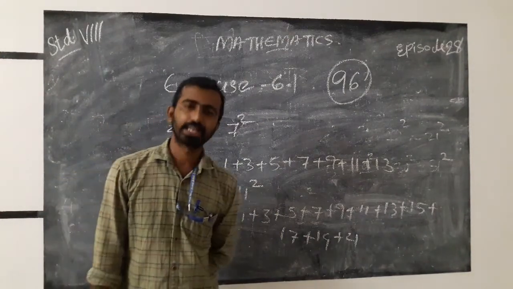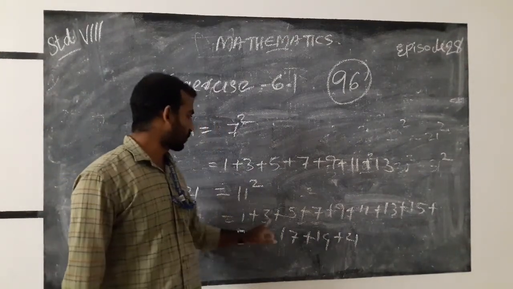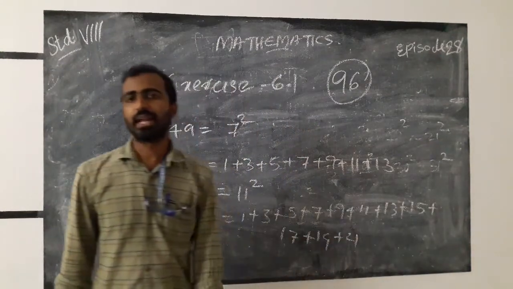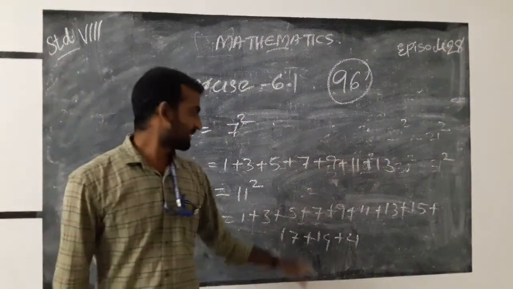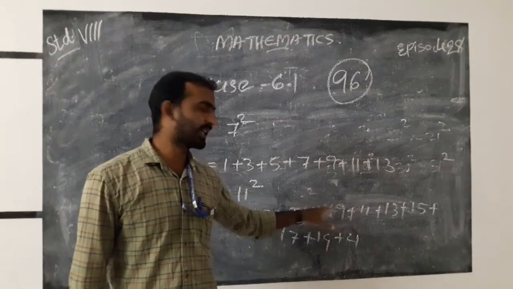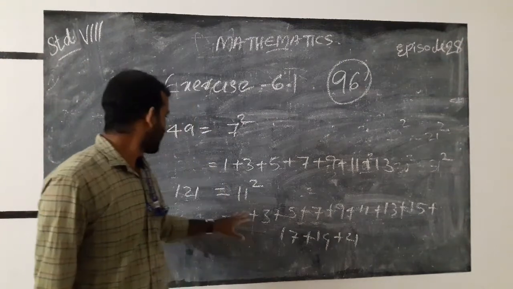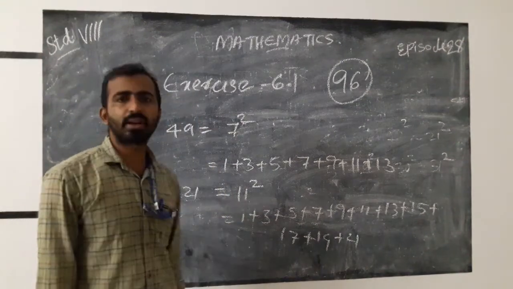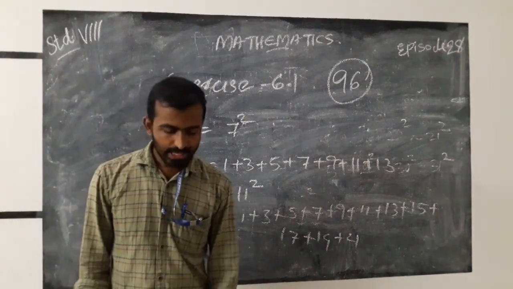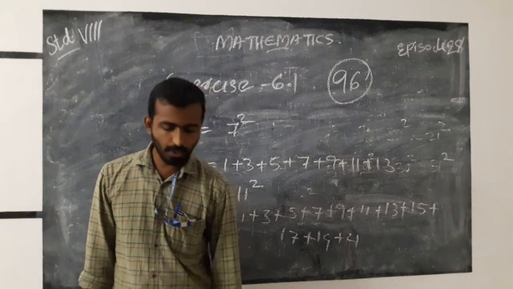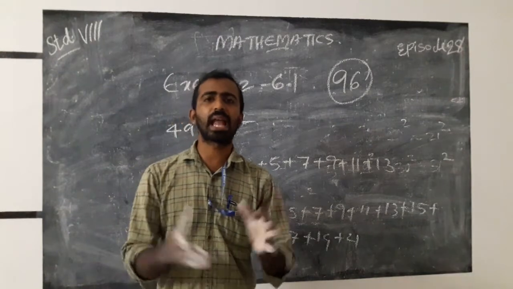Is it? Yes. That is 1 2 3 4 5 6 7 8 9 10 11. 11 odd numbers. Then we get the sum as 121. Next, 9th question is for your homework. Follow like this, you get the answer.